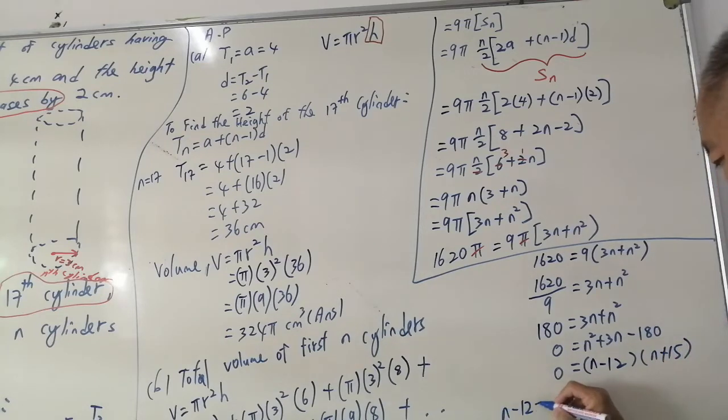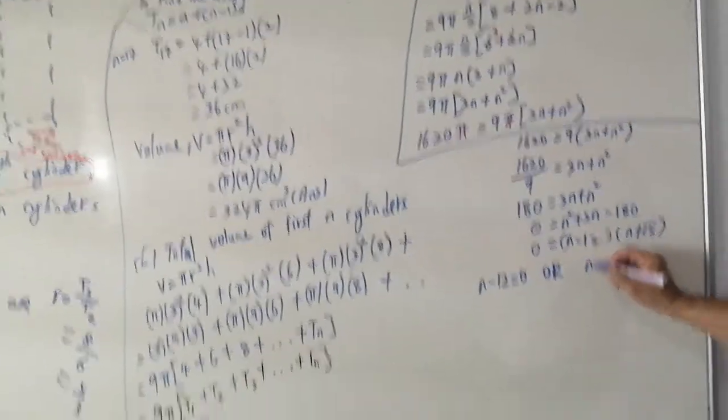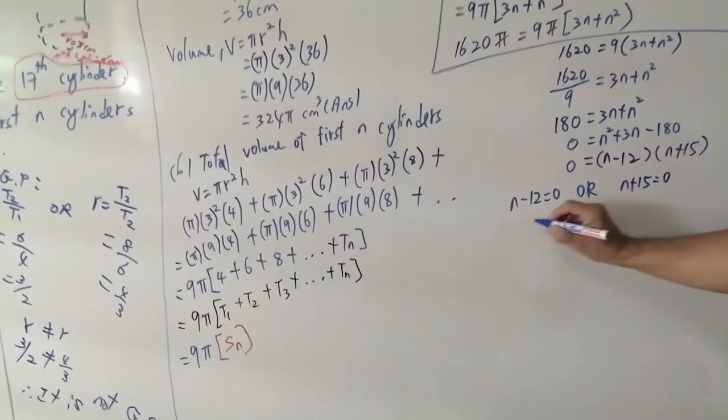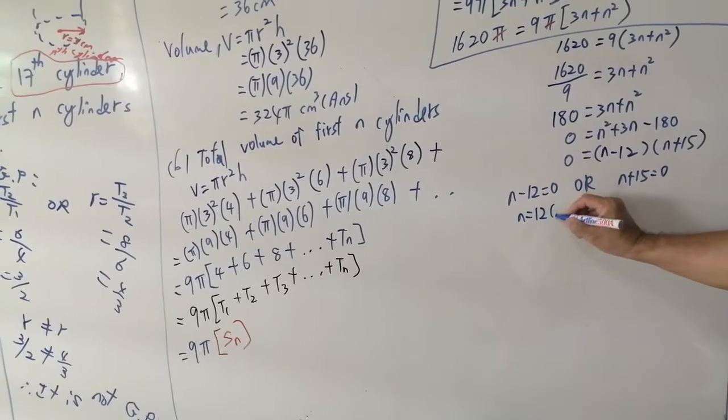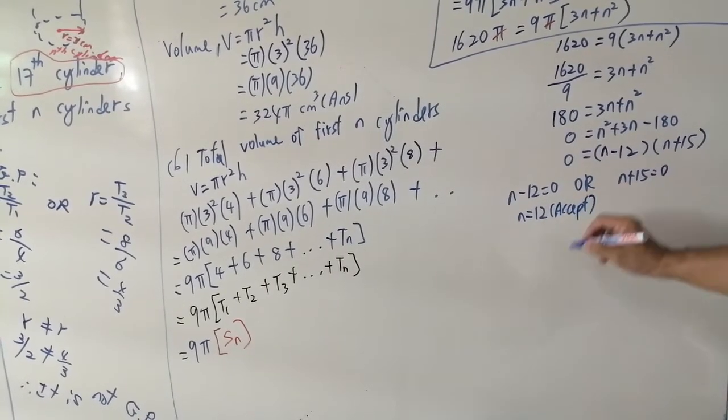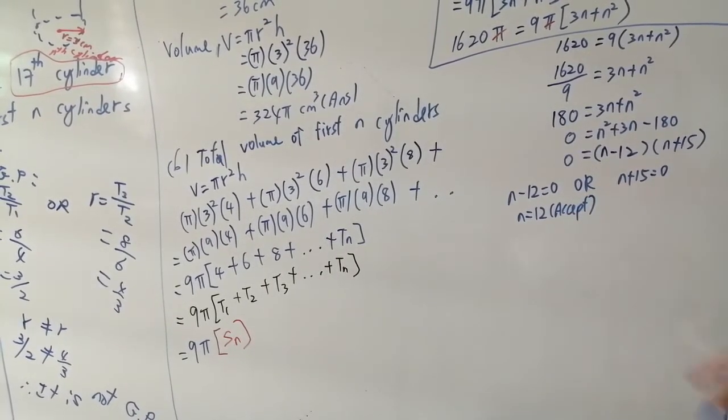N minus 12 equal to 0 or n plus 15 equal to 0. N equal to 12, except positive value. This means you got 12 cylinders altogether. N equal to minus 15 is rejected, because the number of cylinders cannot have a negative value.